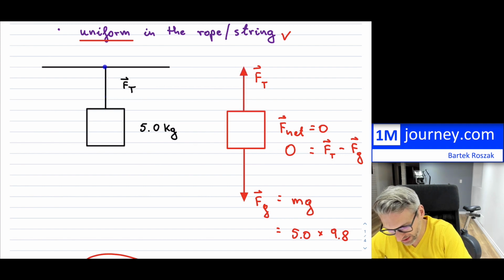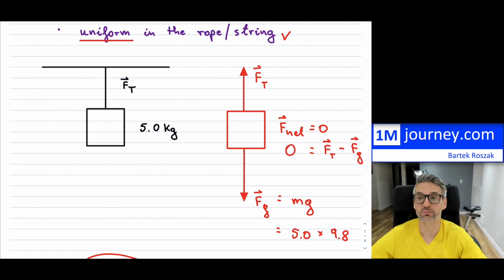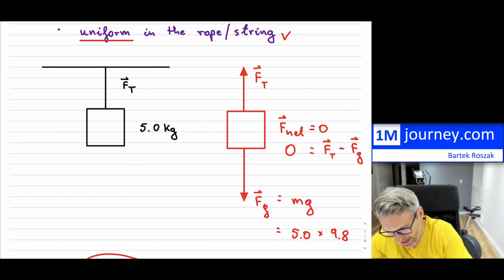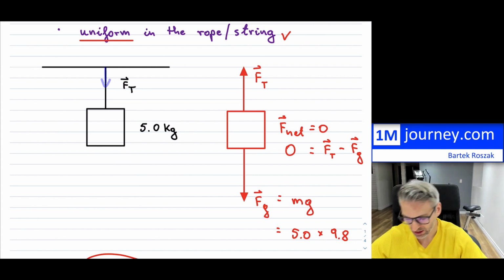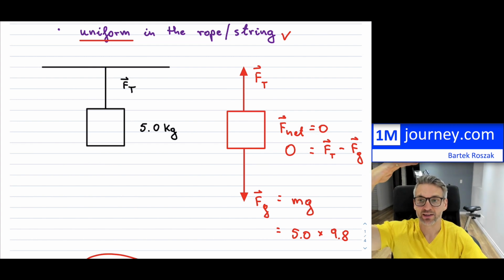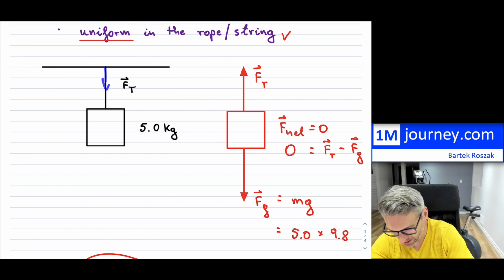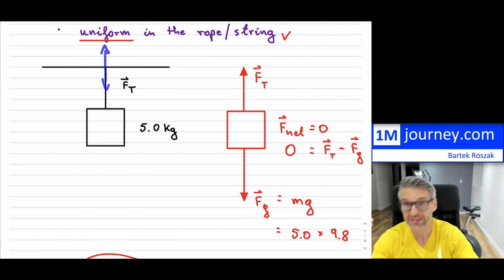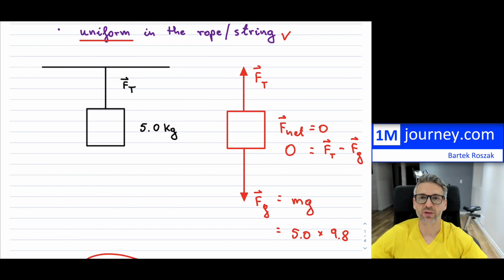If we were doing the free body diagram at that point, the force of tension would have been in the opposite direction. So this would have been down, because it's being suspended. This is pulling it down, and the ceiling is ensuring that it doesn't get dislocated in some way.